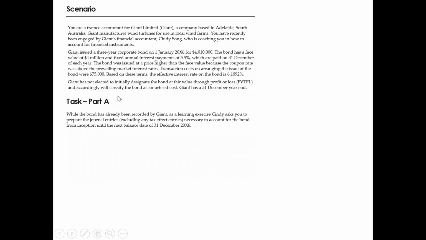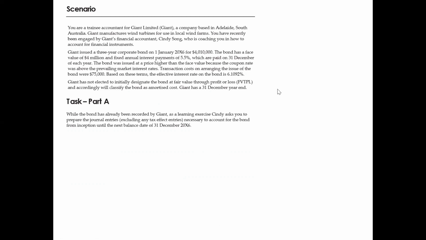So how much should we issue the bond for? Again, it's not a trick question. Maybe another way of asking this is, when the company issues a bond, do you think this is a financial asset or a financial liability? Let's think about it from that perspective.